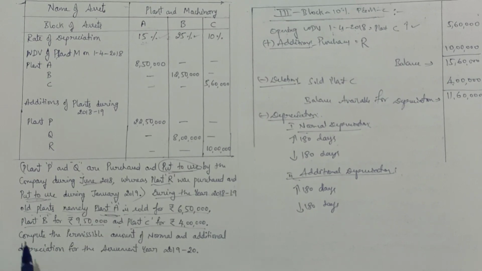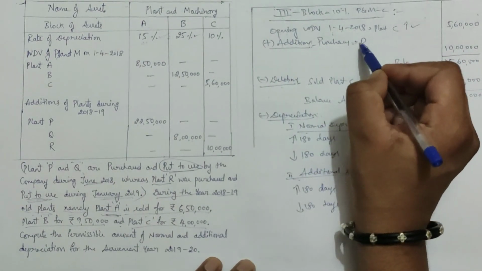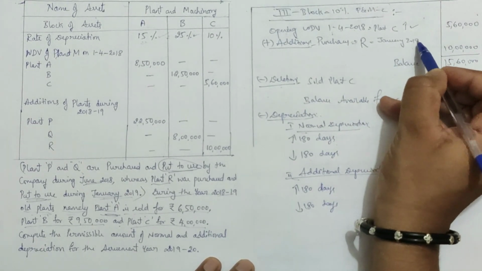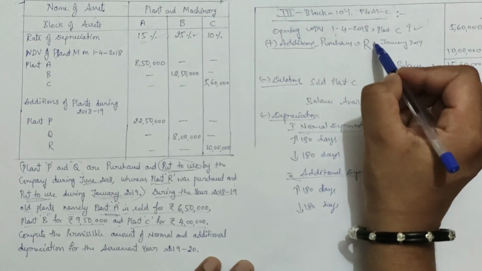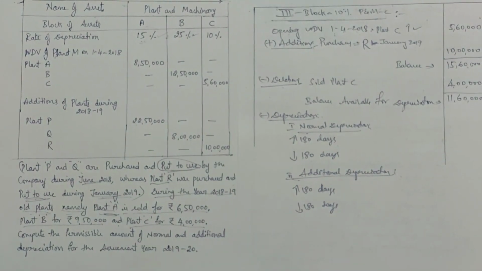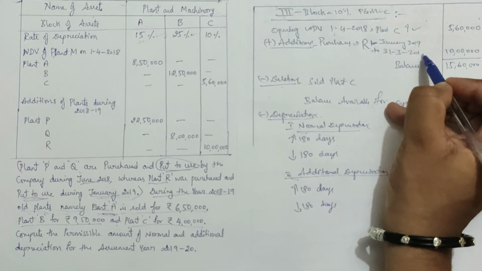Clear? So here they put it to use during January 2019. Correct. So from January 2019, here I will write purchases of plant R from January 2019. They have not given a date, so we will consider from 1st January. So 1st January 2019 to what is the last date? 31/3/2019.